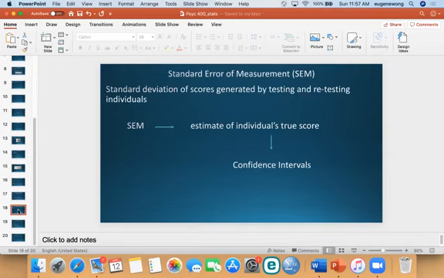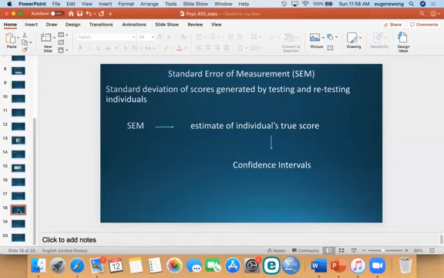In other words, if I were to give you an IQ test 3 times, your score would probably not be identical across those 3 administrations. We would hope that they're very similar, but they're probably not identical. The same thing would be true if I did the same thing with another student in class, and with a 3rd student, a 4th student, a 5th student, a 6th student.